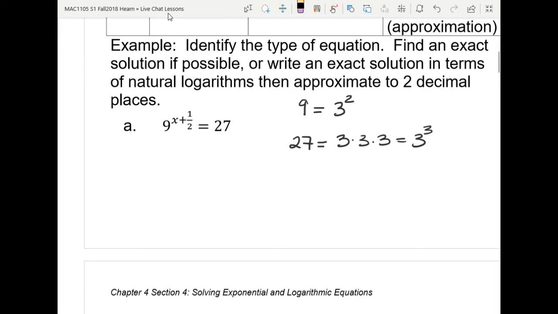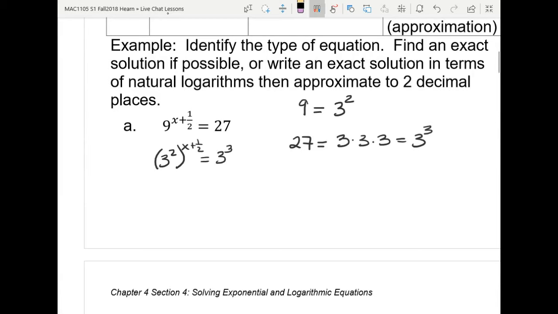So what we're going to do is replace each base with the exponential expression that it's equivalent to. Instead of 9, I'm going to write 3 squared, and then I'm going to have it to the x plus 1/2 power. And instead of 27, I'm going to write 3 cubed.